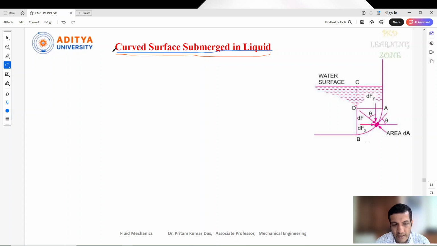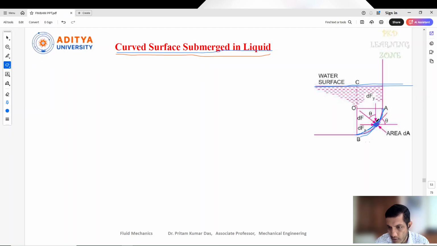Let's consider a surface which is a curved surface. I have already taken the diagram of this. This is the fluid layer, or we can say the water layer, and there is a curved surface. This AB is the curved surface, and in the curved surface we have taken a small area, a very small object.